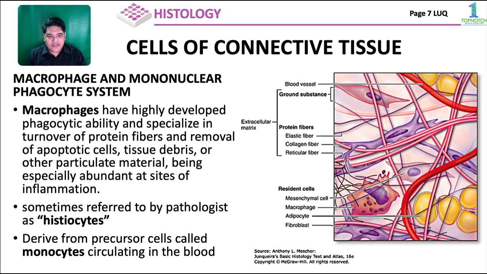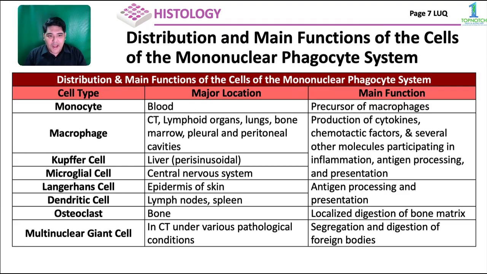Sometimes pathologists call them histiocytes. Nice to know. They are derived from the precursor cell, the monocyte, that is circulating in the blood. That is your macrophage. So, this is our mononuclear phagocyte system.